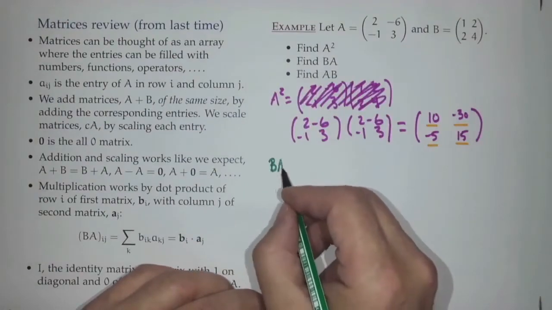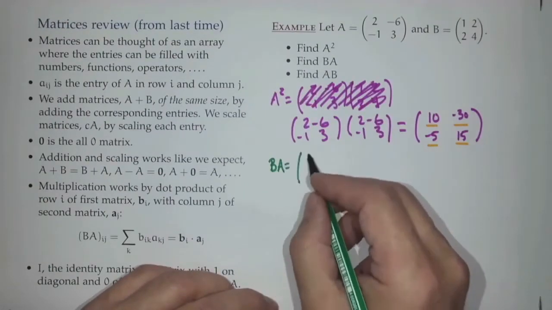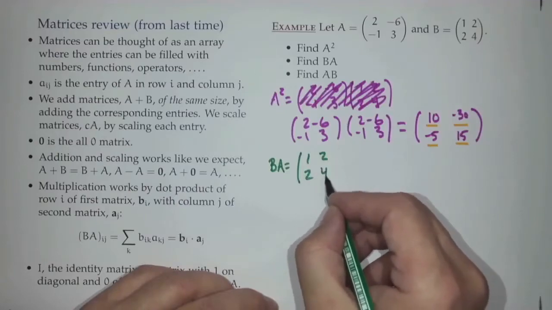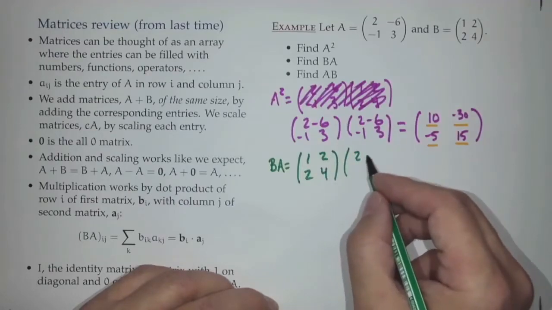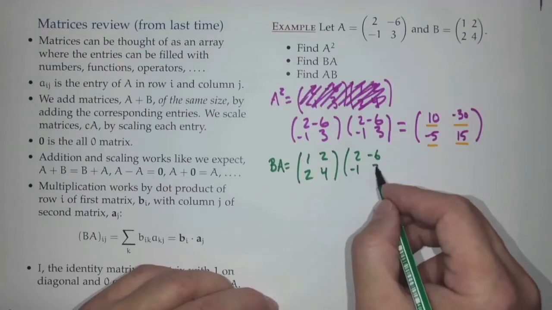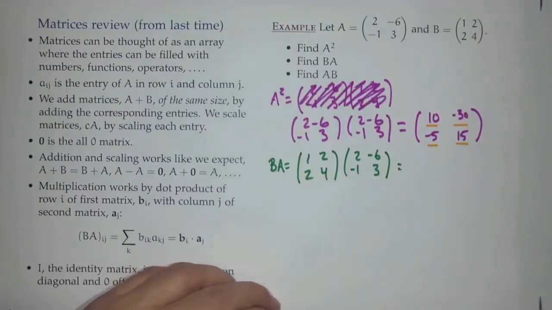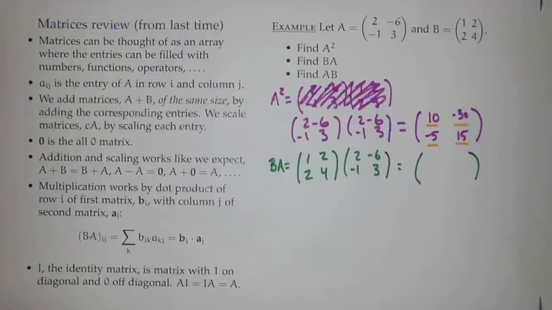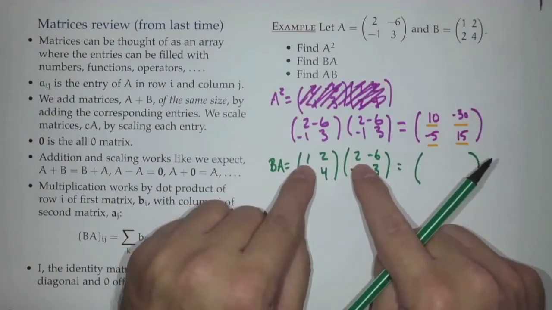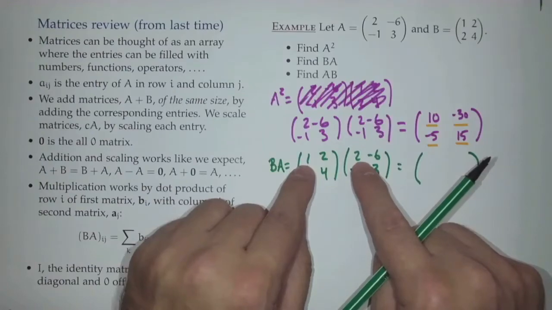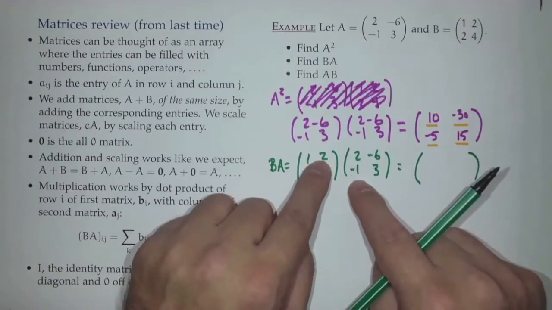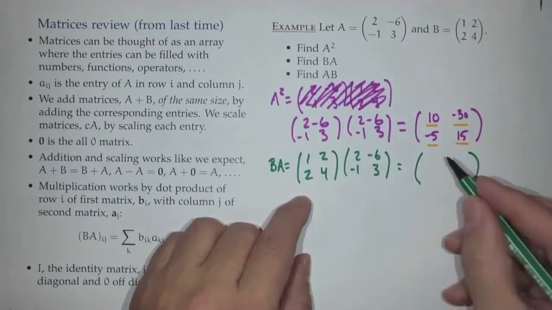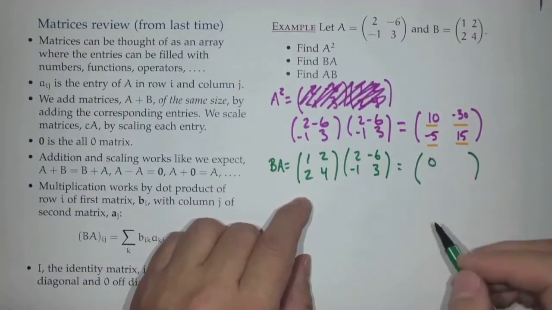Okay, B times A. 1, 2, 2, 4. 2, minus 6, minus 1, 3. Okay, 4 entries. Let's see what we get. 1 times 2, 2 times minus 1, minus 2, which 2 and minus 2 gets 0.